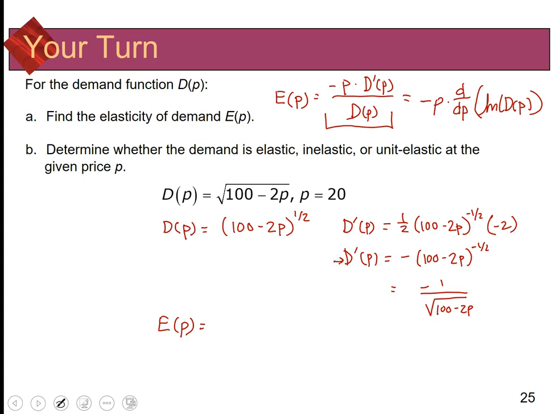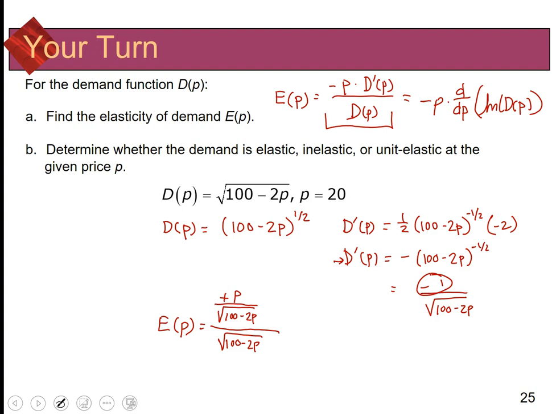So I'm going to have negative P over the square root of 100 minus 2p, all over the square root of 100 minus 2p. Oh, and that should be a positive p now because it was negative p times negative 1. So that should be a positive p.